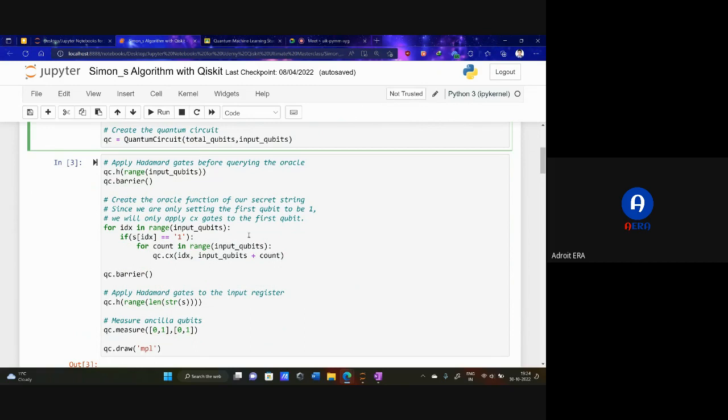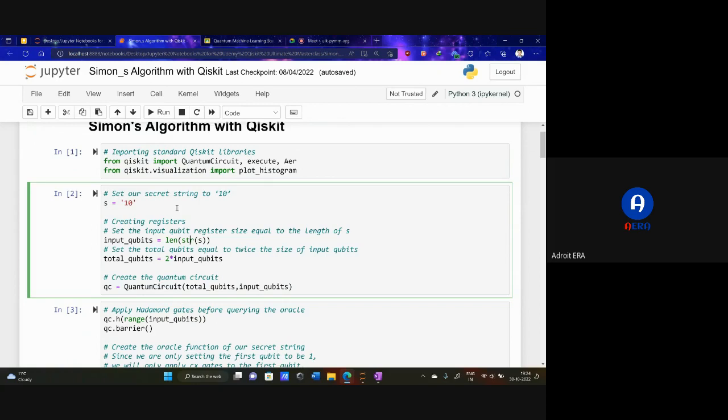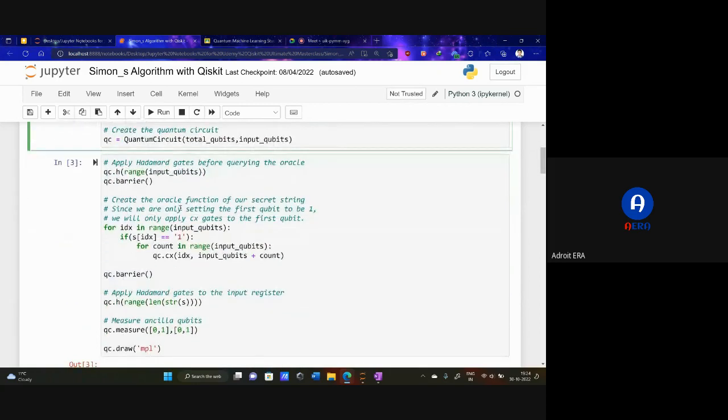But this time, with the oracle function, since the secret string is 1 0, only the first qubit will have the control, and the second qubit will not have any control. The targets will be given one by one to the second register qubits.